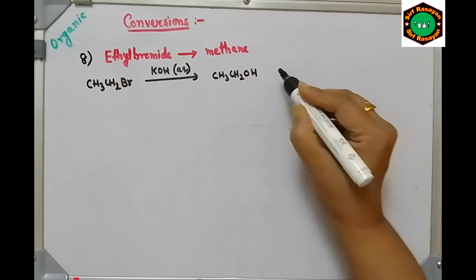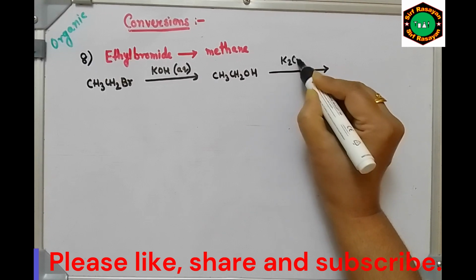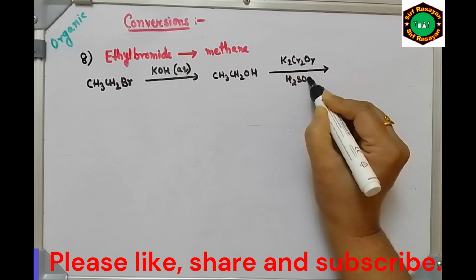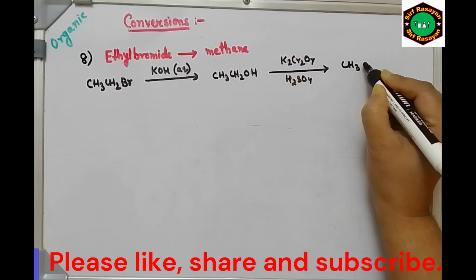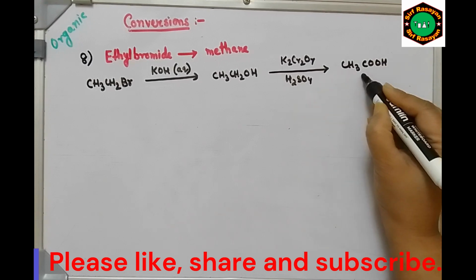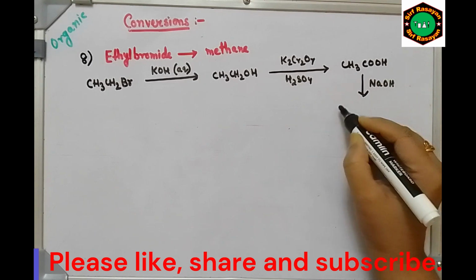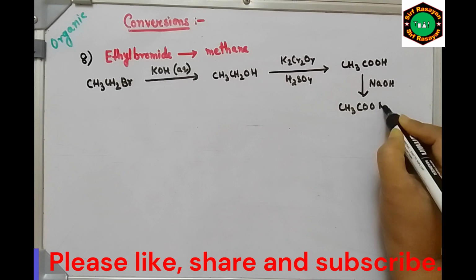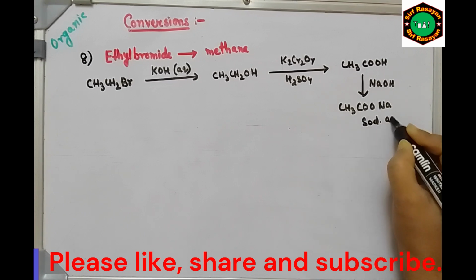Now this is primary alcohol. If we oxidize it with potassium dichromate in H2SO4, what will happen? It will be oxidized to carboxylic acid. Now if you treat it with sodium hydroxide, we will get sodium salt, means sodium acetate. This is sodium acetate.